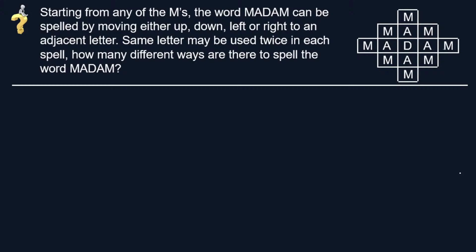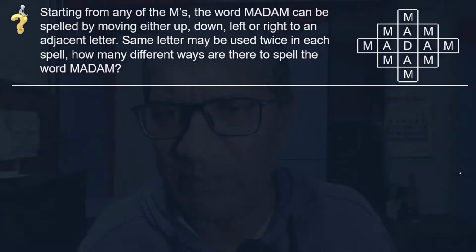See this question. It has been stated that starting from any of the M's, the word madam can be spelled by moving either up, down, left or right to an adjacent letter. You see, madam is basically a palindromic word.